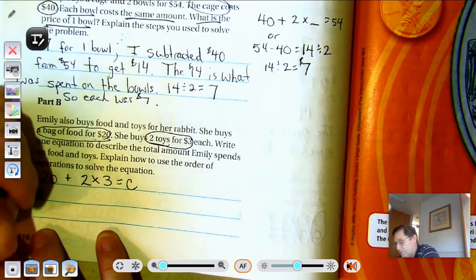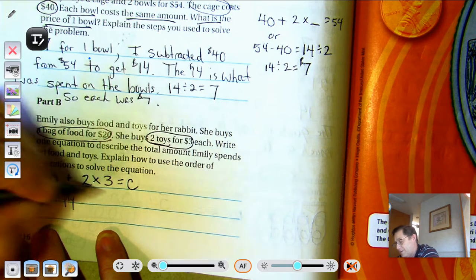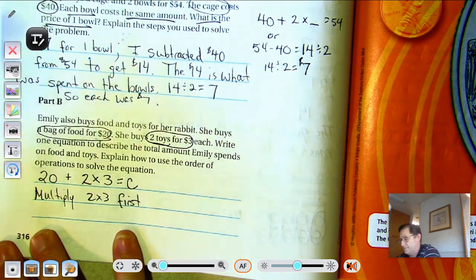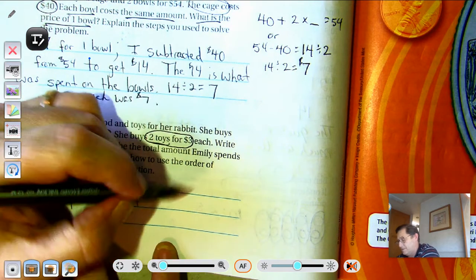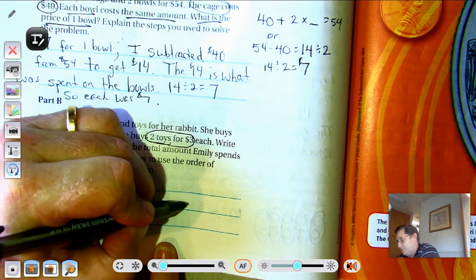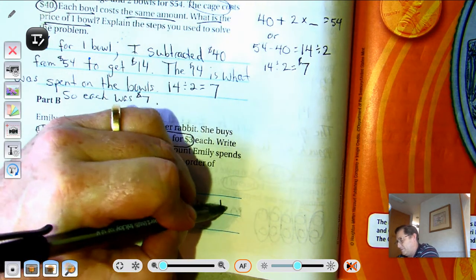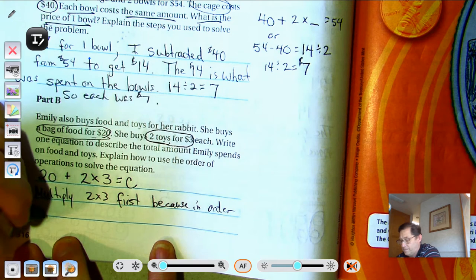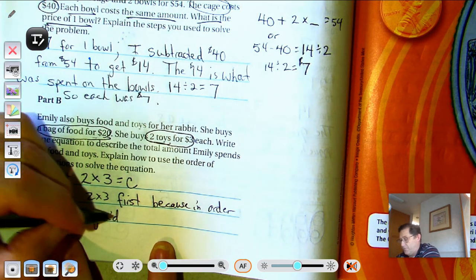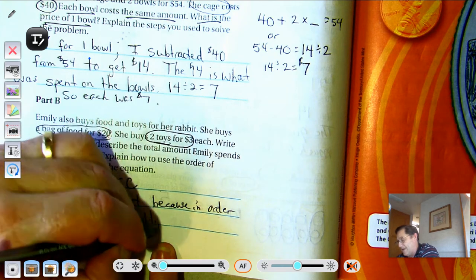So multiply 2 times 3 first. Because in order of operations, you'd multiply then add.